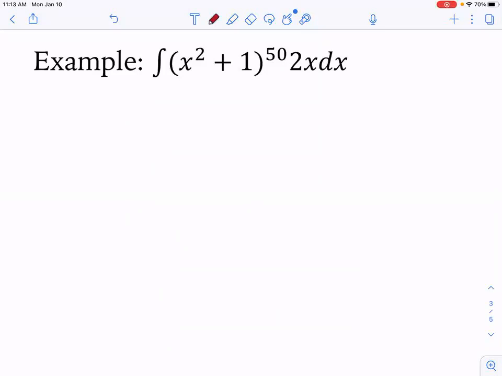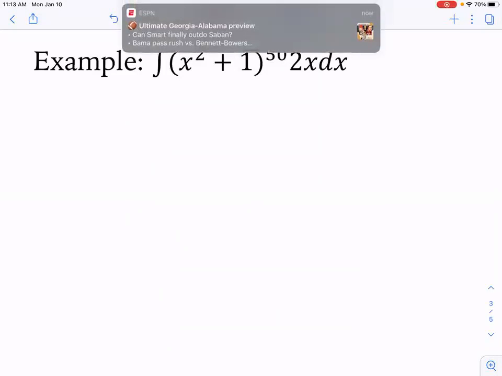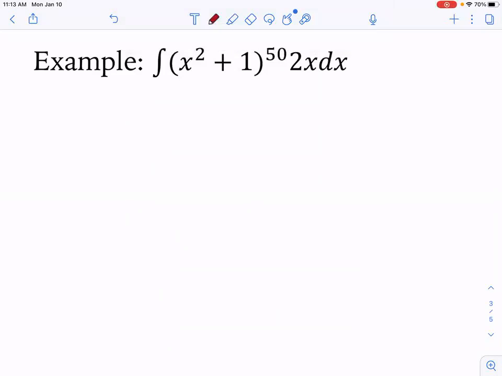Now, before today, your only option would have been to expand x squared plus 1 to the 50th power and then multiply that expansion by 2x. Would you like to do that? No. But what I see is that this is a composition. Do we have a function inside of a function? Yes. And bonus, it's multiplied by another function.